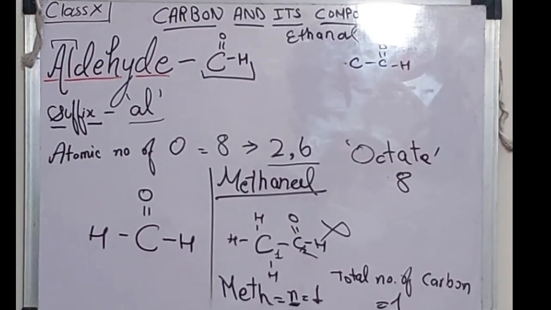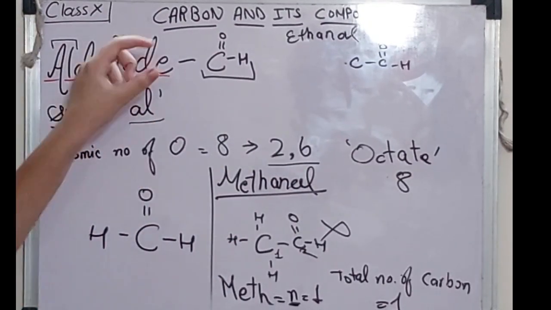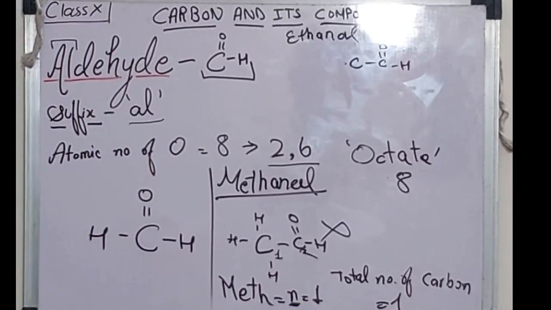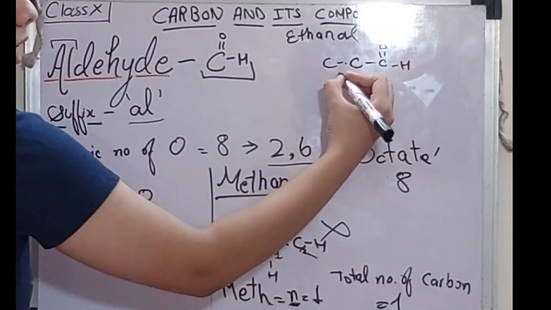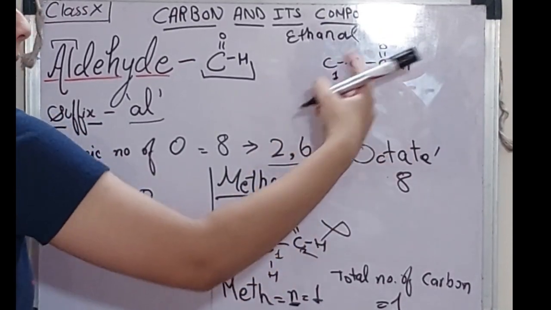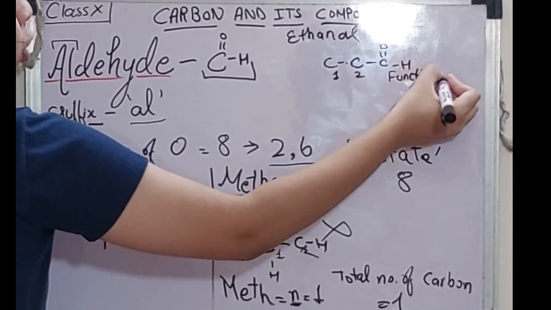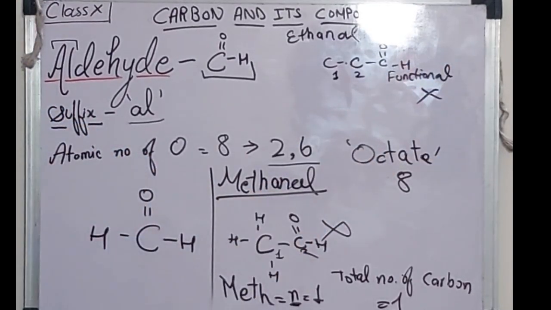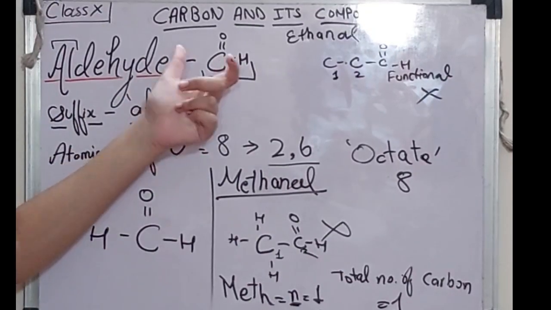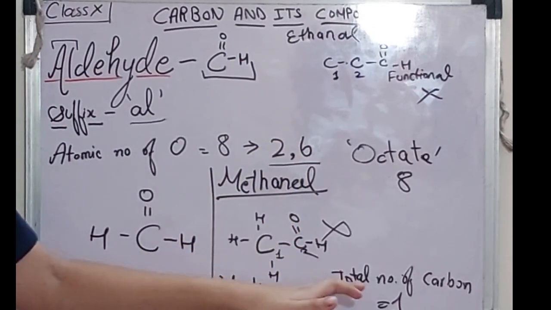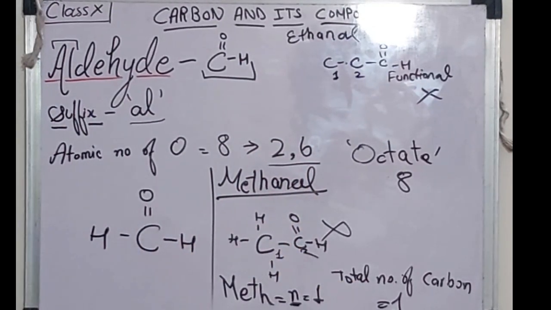Hence, what I am trying to say is that the carbon in the functional group is counted in the total number of carbons solely. If you say that in this structure I am having 2 carbons and 1 functional group, then it's not justified, because jo carbon hai hamara functional group mein, ye bhi add hoga as total number of carbons.